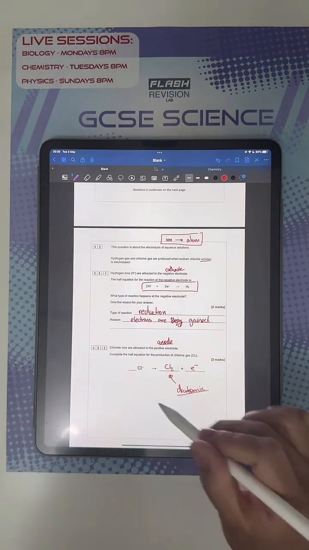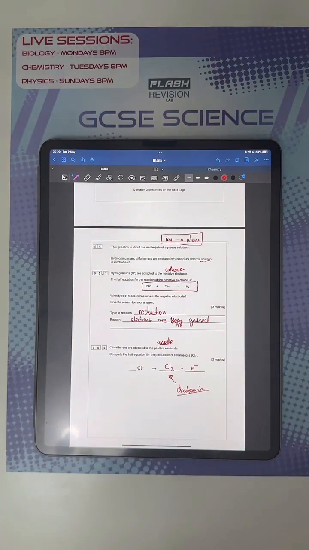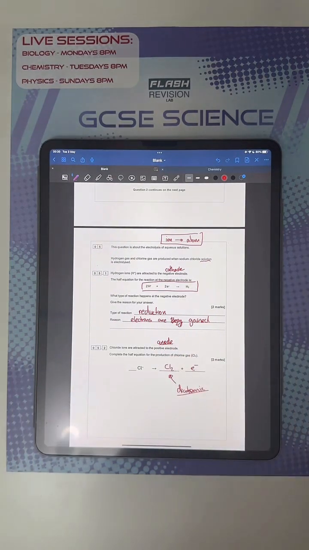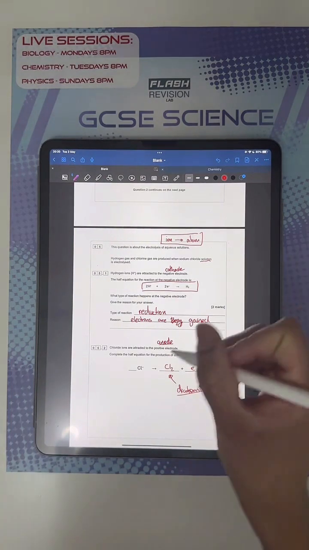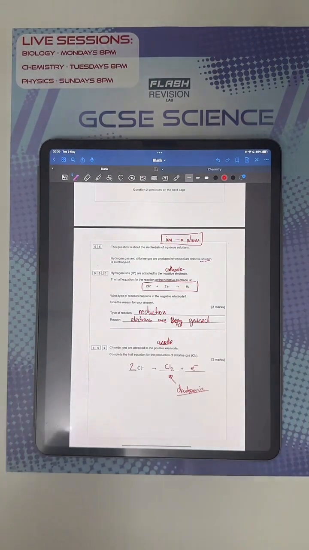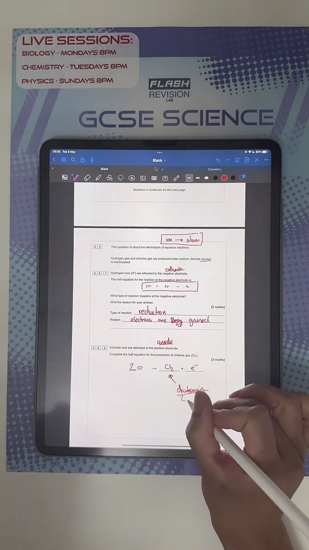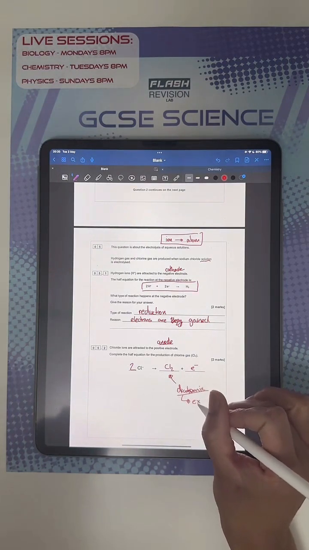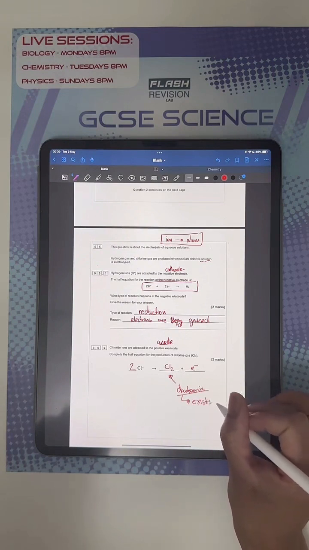We've got Cl minus here, so all we need to do now is balance this. So we need a 2. Anything else we need to do here, guys? 2 atoms here. Yep, is that done? Or do we have more to do? What does diatomic mean? Diatomic just means it has that 2 in it. It exists as 2 atoms because it makes it more stable.